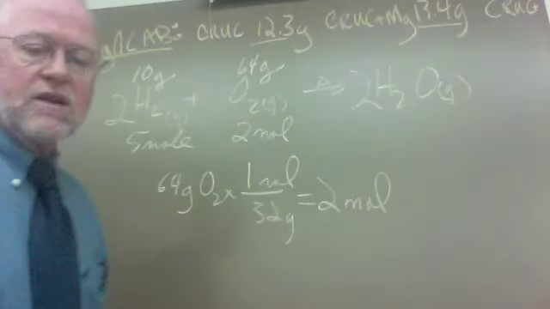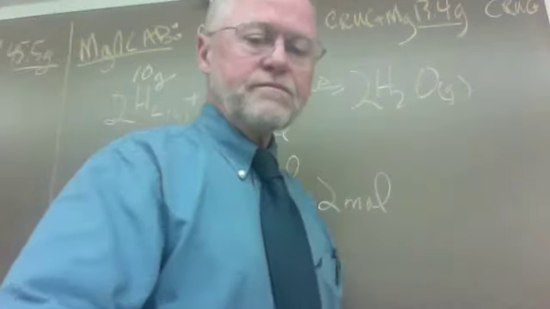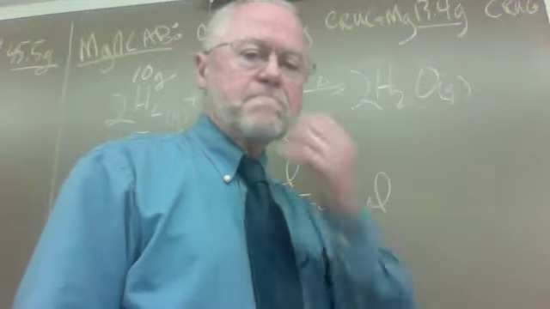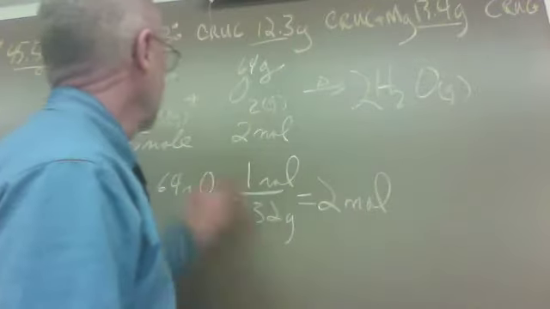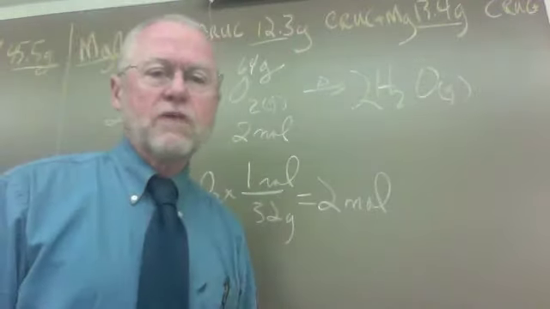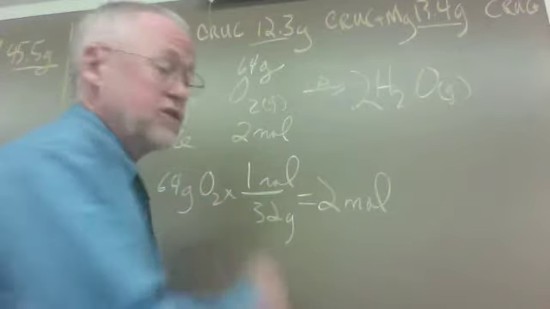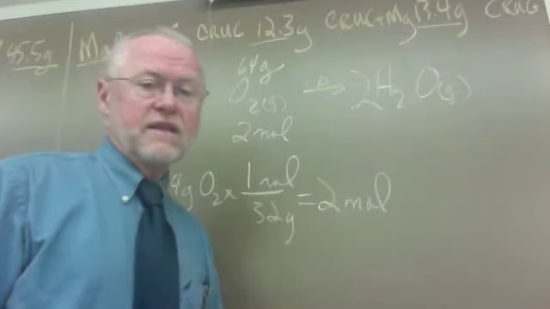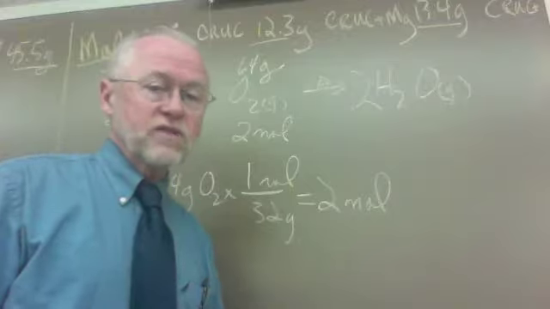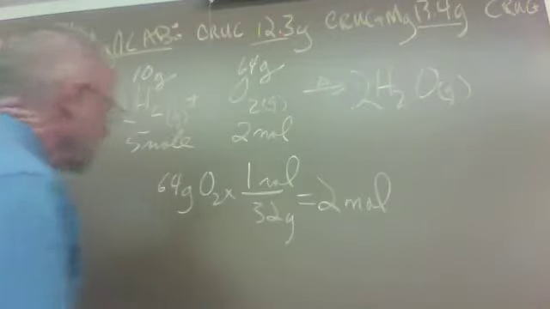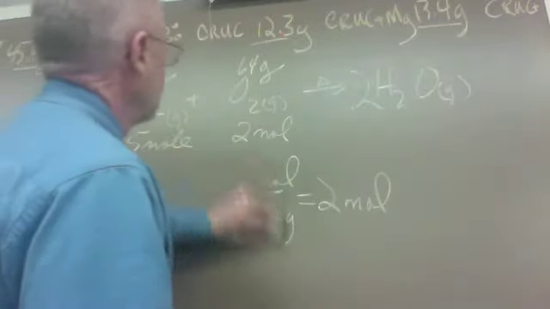Okay. So it looks like, well, we got a lot more oxygen, so hydrogen's probably the limiting reactant. But to be sure, we have to actually change to moles, and then maybe we'll have a better chance of guessing what the limiting reactant is. Okay, so we got moles.